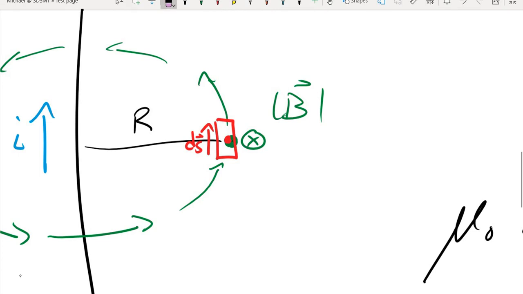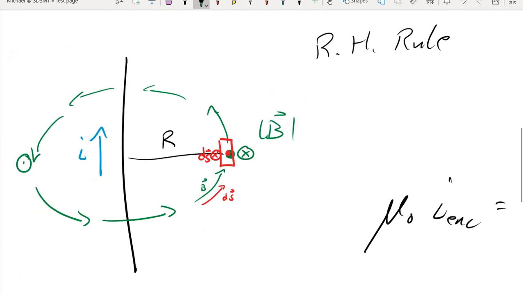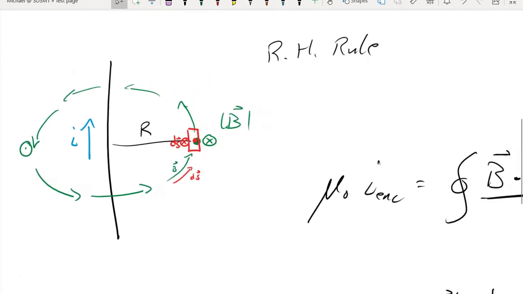So maybe I shouldn't draw the arrow for ds pointing up. It should be pointing into the page. But the point that I'm trying to make here is that as we go around the circle, both ds and our field vector are traveling together parallel to one another at all points as we go around the wire.